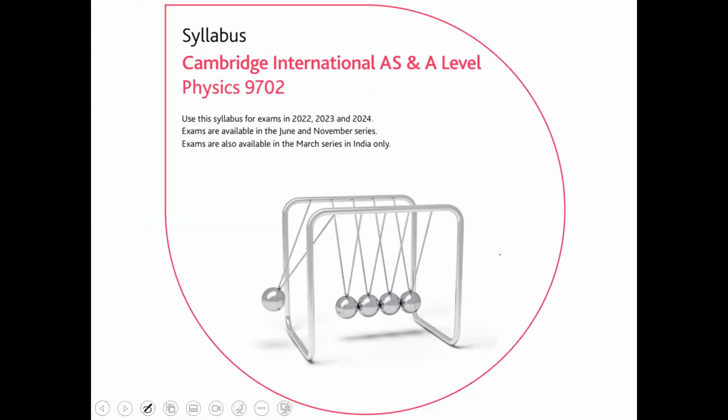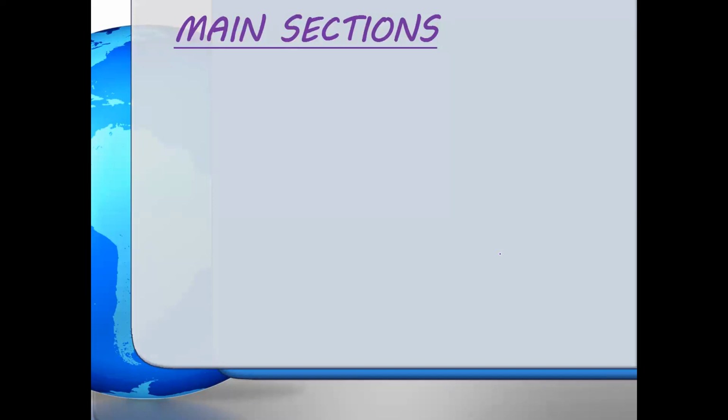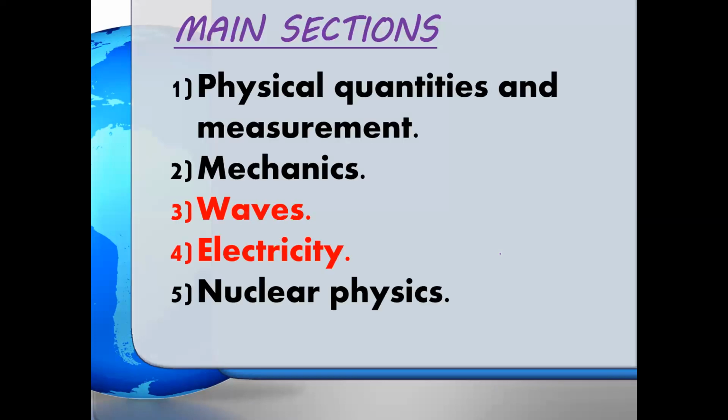If you follow that, it will be a Cambridge International A level, and it is divided in two parts, AS and A2. The main sections of the course are physical quantities and measurement, second is mechanics, then we have waves and electricity. I have changed the color to highlight that these two sections are relatively more difficult.